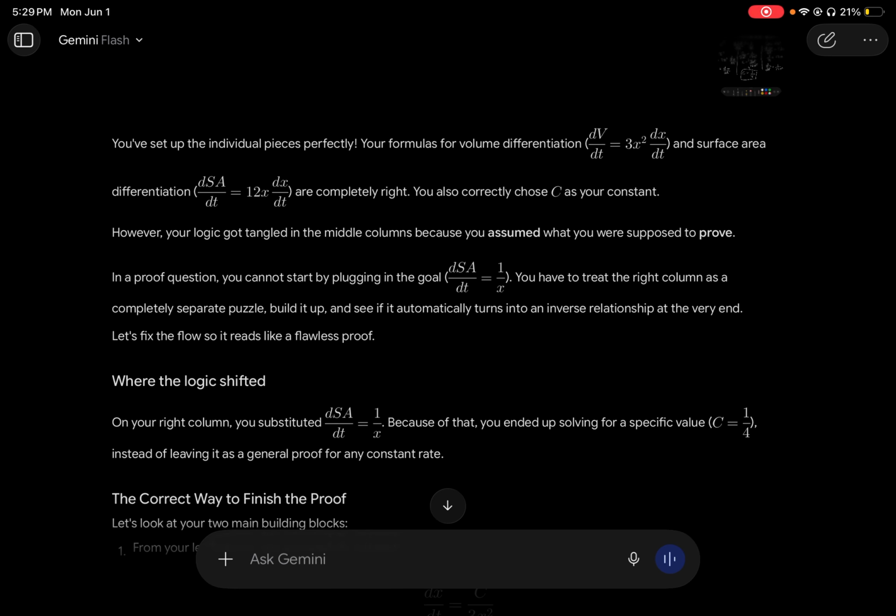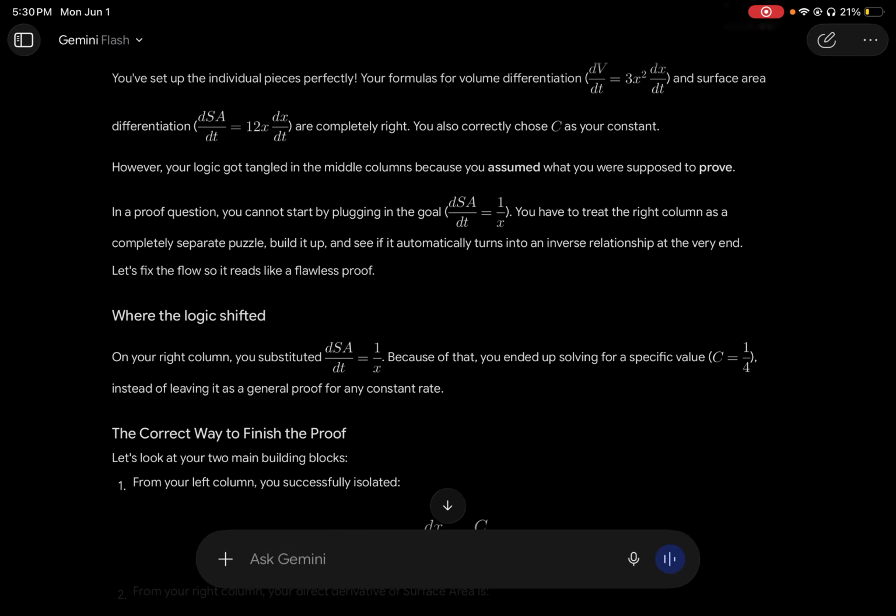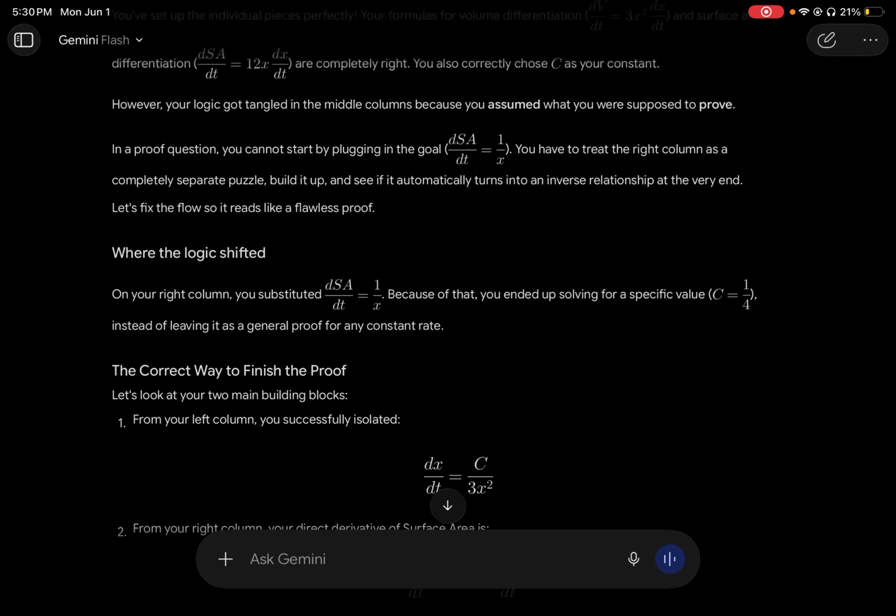Oh, I'm stupid. You have to treat the right column as a completely separate puzzle. Build it up and see if it automatically turns into an inverse relationship at the very end. Let's figure the flow so it reads like a flawless proof.